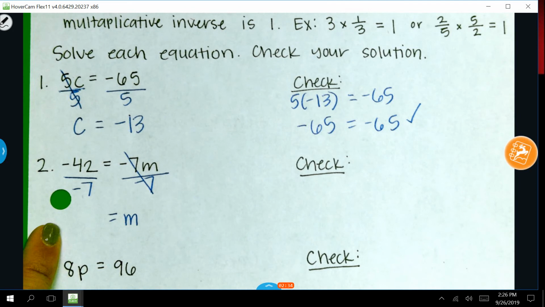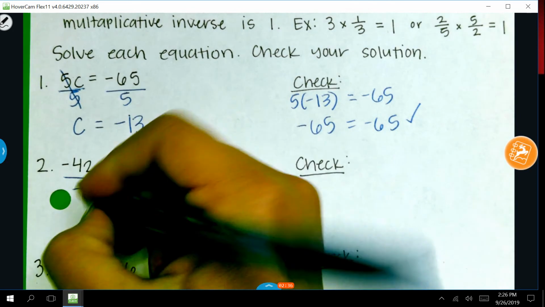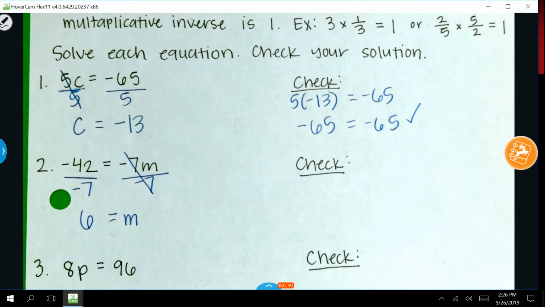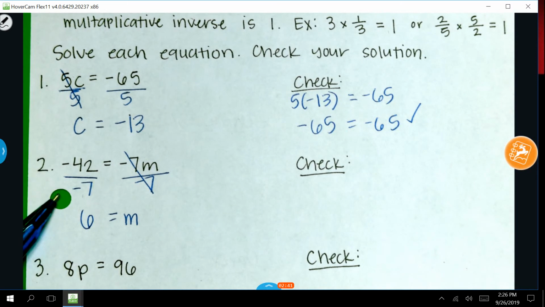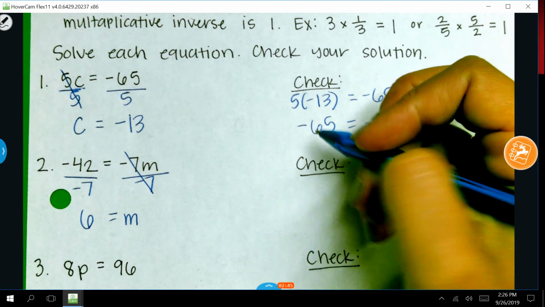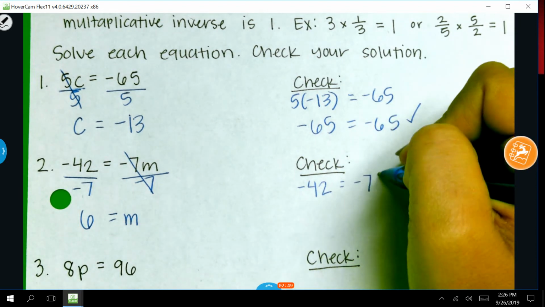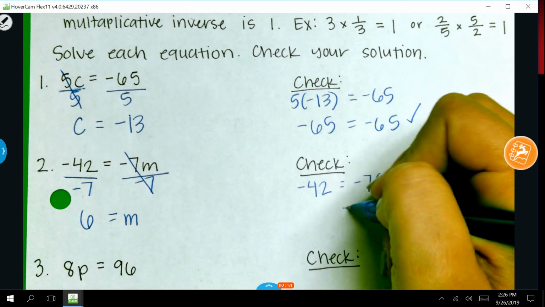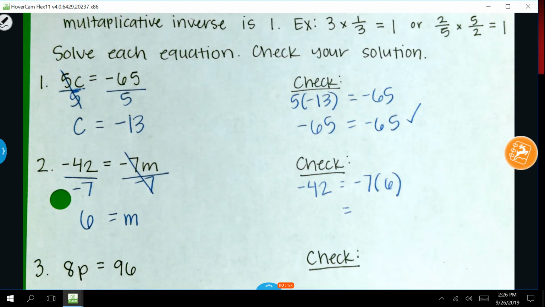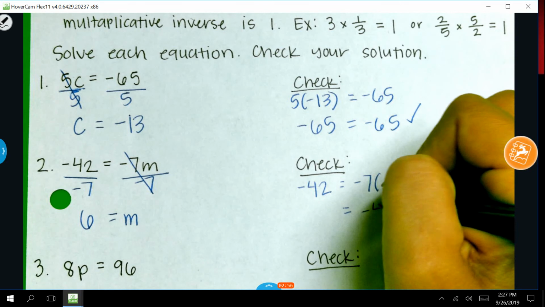What do I have on the left? Positive 6, right? It's a negative divided by a negative, so it should be a positive. To check it, I want to make sure that negative 7 times 6 is negative 42. Is it? Yes.